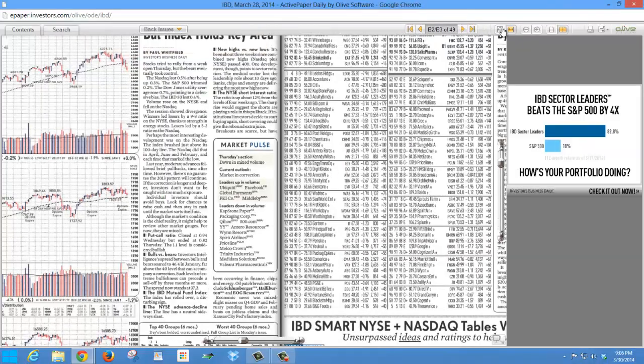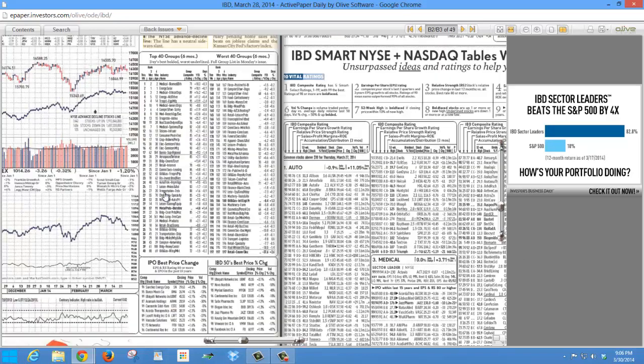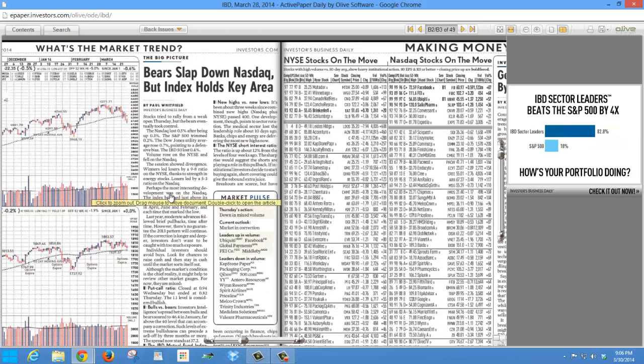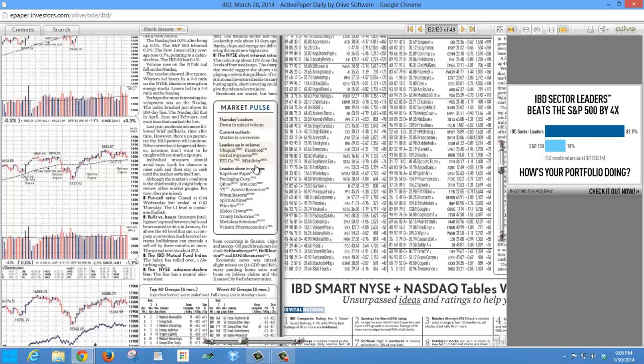Now since I don't sit at the computer all day, every day, watching some of my trades, I like to use the app on my iPad to do some research at the end of the day. And here we can see right here in the Market Pulse section, energy was listed 3 or 4 times throughout the week, and some of the names to be looking for. And this was Friday review here.